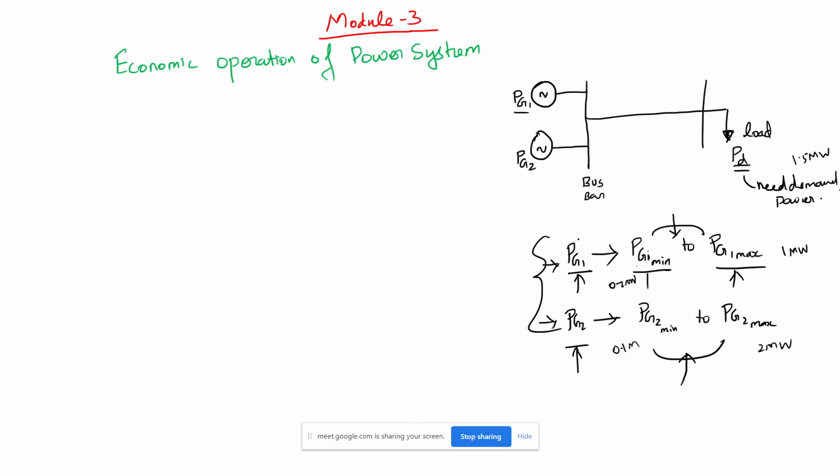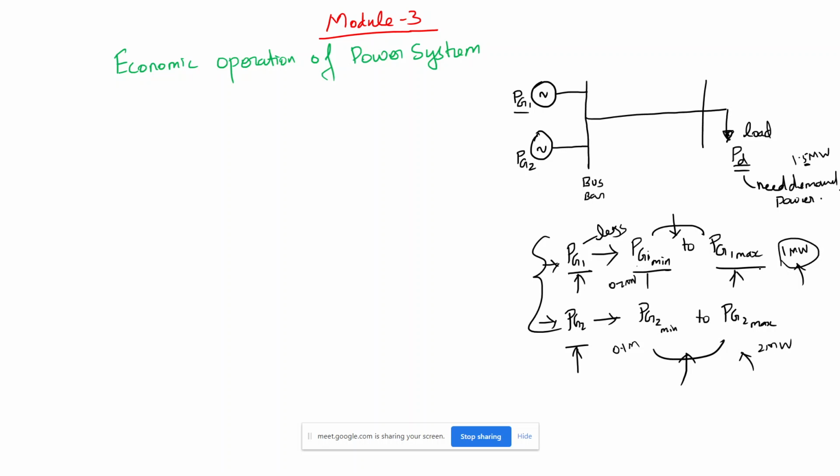For example, the cost of generator 1 is very low, but it will give up to a demand of 1 megawatt. Then I can turn on generator 1 for 1 megawatt, and for the remaining 0.5 megawatt I will turn on generator 2, so that it is economic.